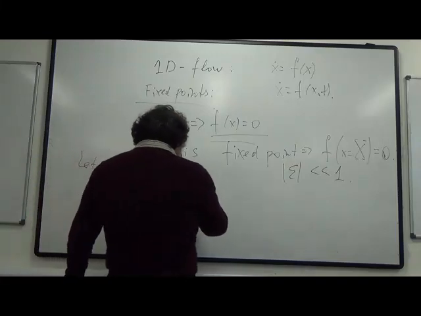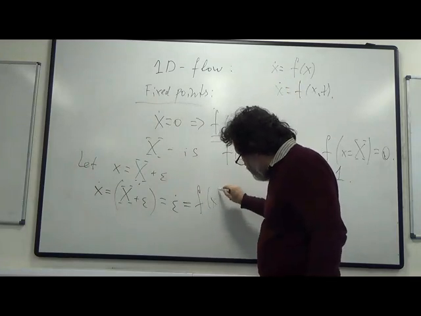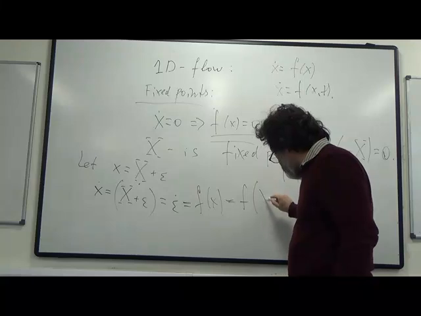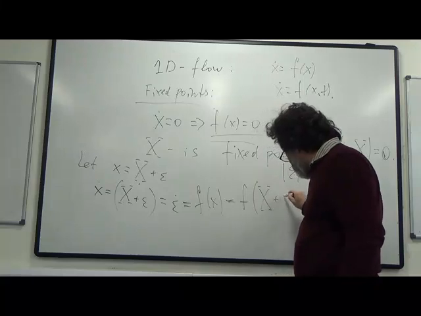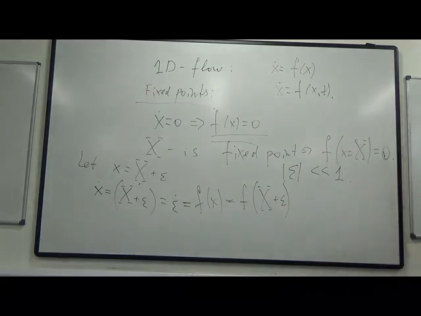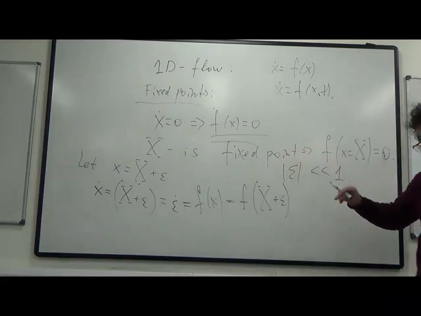On the other hand, this should be equal to f of x, and we replace x by x capital plus epsilon. Do you understand what epsilon means? Epsilon is how much away we are from equilibrium. It's the distance from the local position to equilibrium.